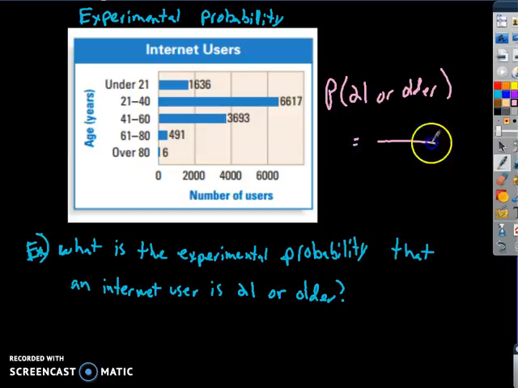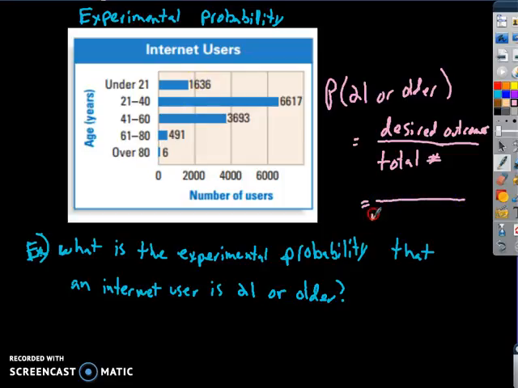So again, it's the desired outcomes over the total number of outcomes. So I'll first figure out my total number of outcomes. So I can get 16, 36 plus 6,617 plus 3,393 plus 491 plus 6.